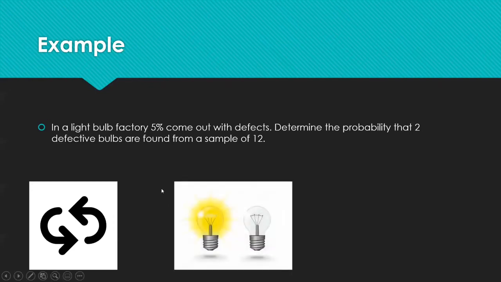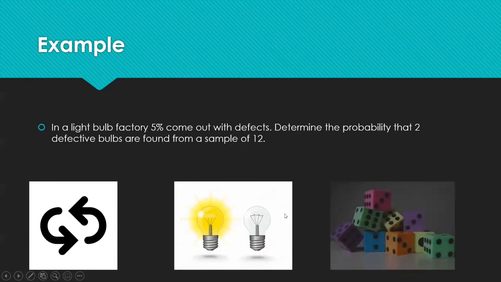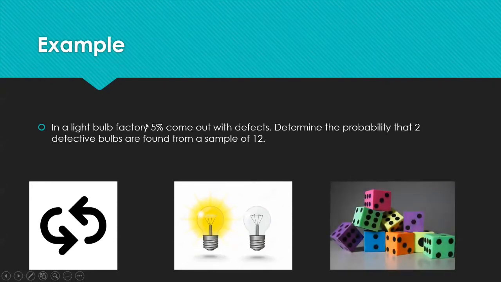The second condition is that in each trial, there can only be 2 results. They can be defective or not defective. And finally, the third condition is that the probability must be constant. As we can see, each time they look for the bulb, the probability of being defective is 5%. Therefore, it does not vary in each trial.